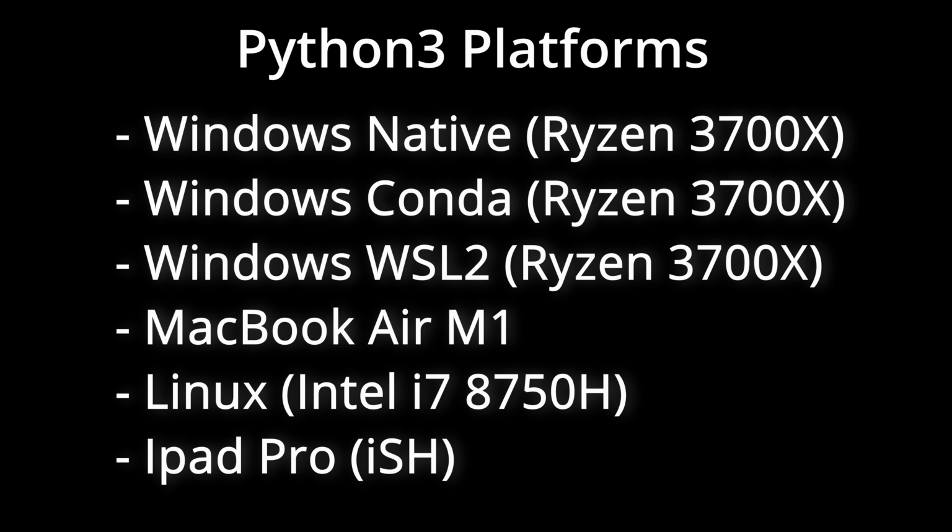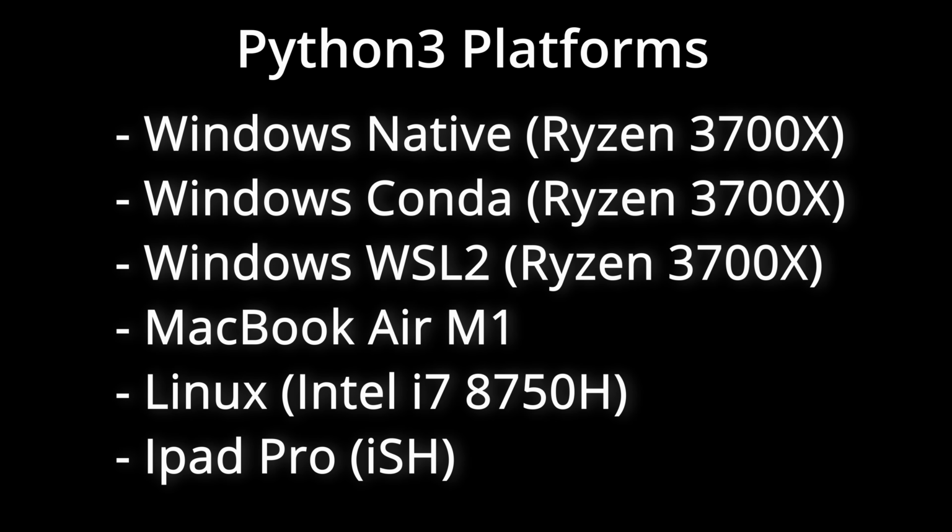So the platforms are Windows native, so basically just the standard Python 3 installation. Windows Conda is just the Python that comes in Conda, which is Python 3.8. Windows WSL2 is the kind of virtualized Linux that runs under Windows with its own kernel.